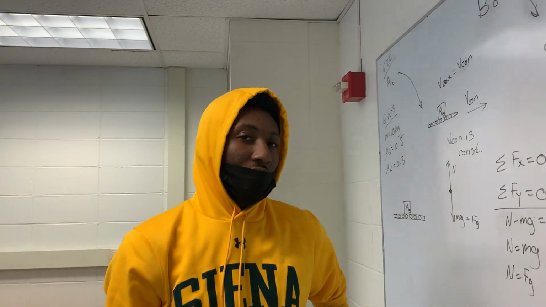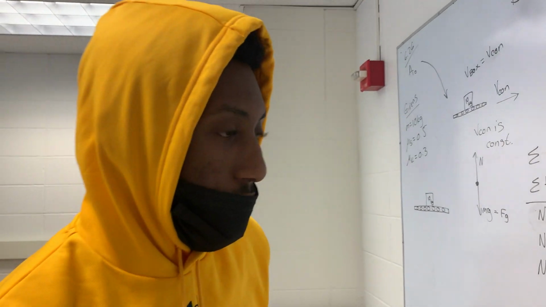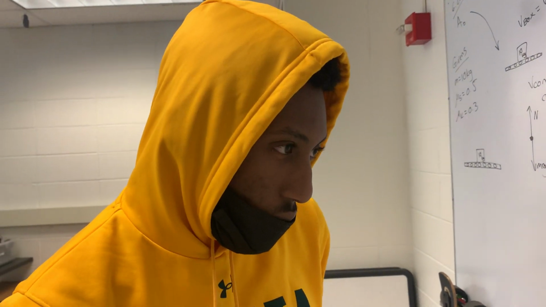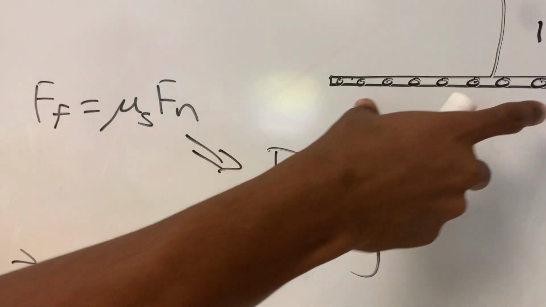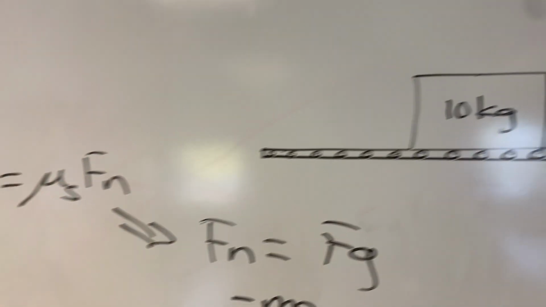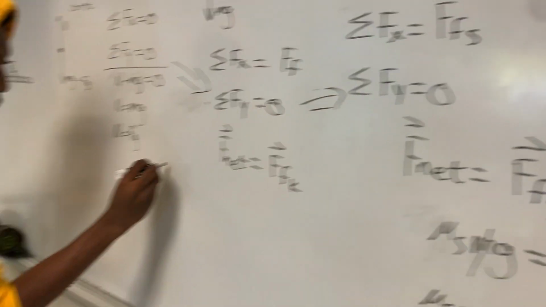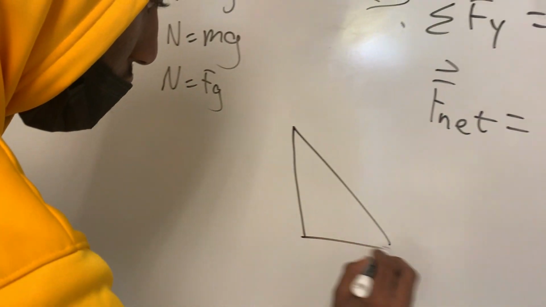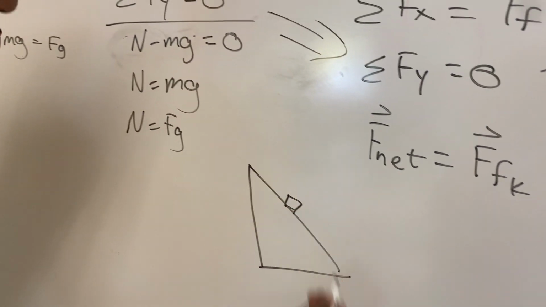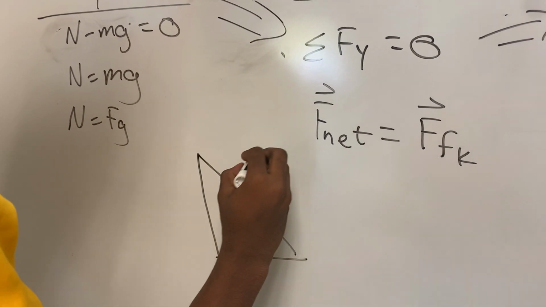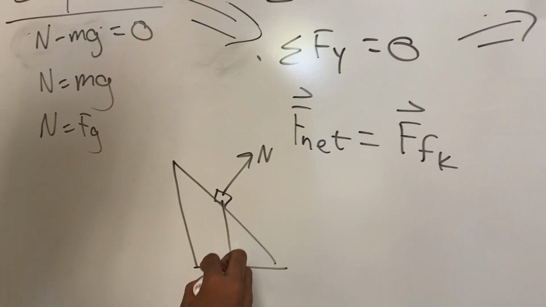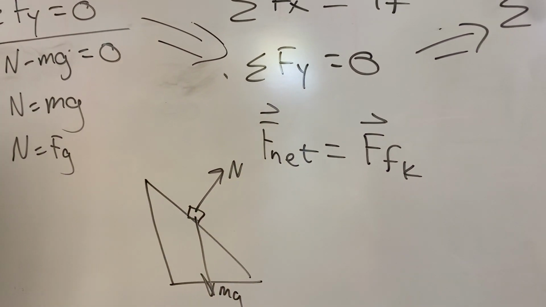And one more thing to point out is that the only reason this rings true is because we're on a flat horizontal surface. If we were on an incline, and the box was here, and there was a conveyor belt or something, then this is the normal force, but this is mg.